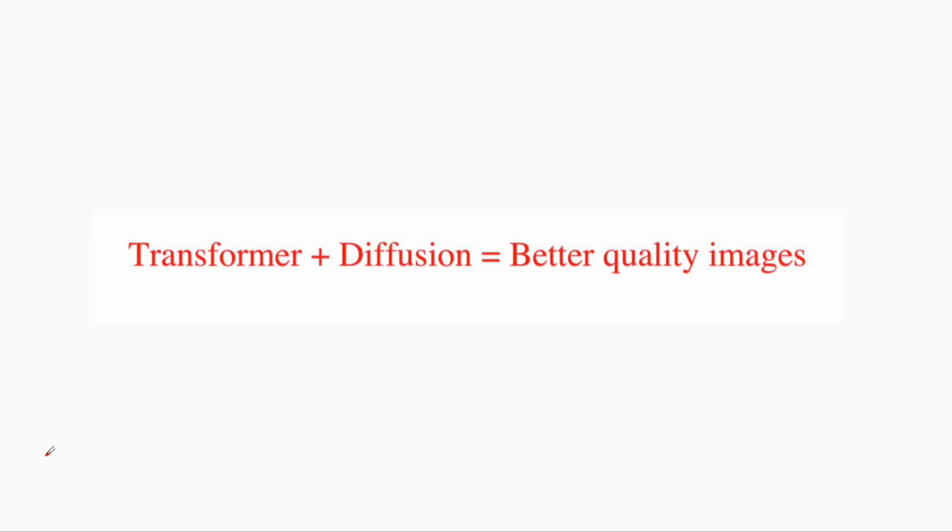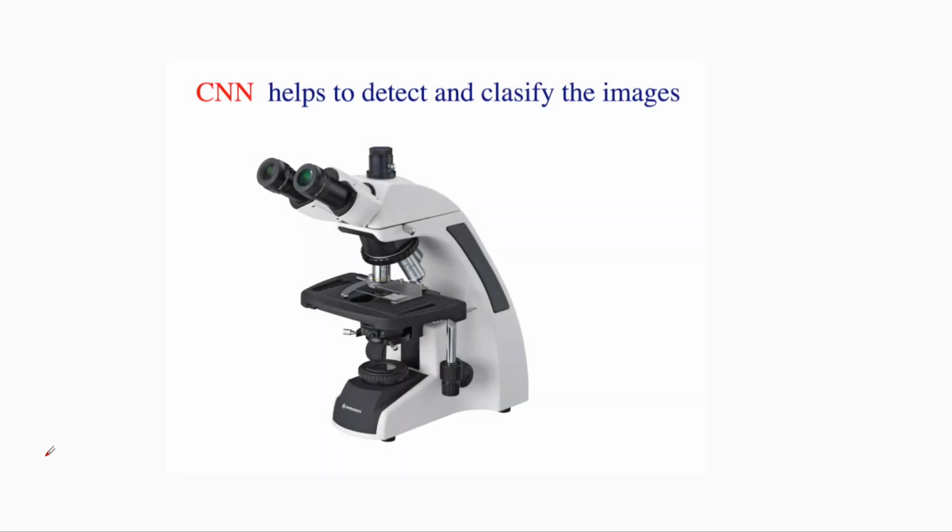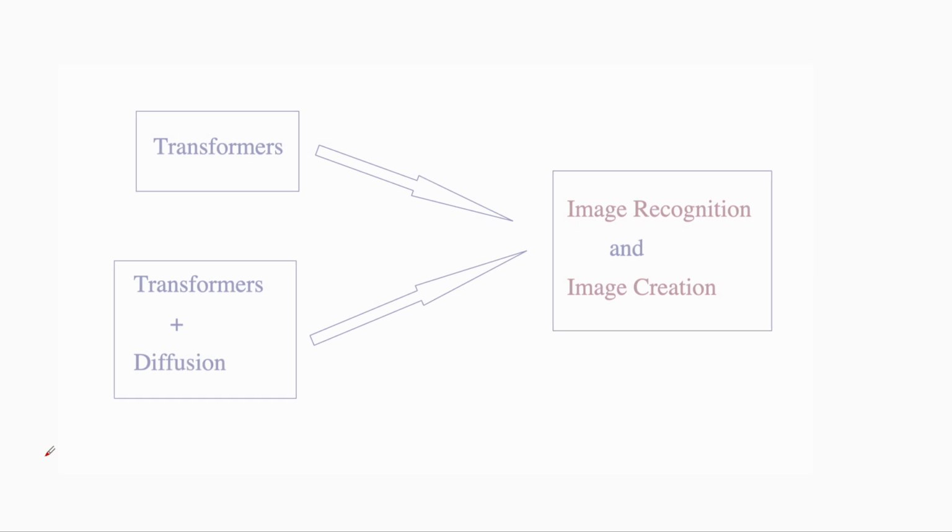And there is also an advanced version where transformers are used along with diffusion to create an even better quality image. The CNN is like a microscope. It looks into the image and helps to classify the image, whereas transformers are used for image recognition as well as image creation.